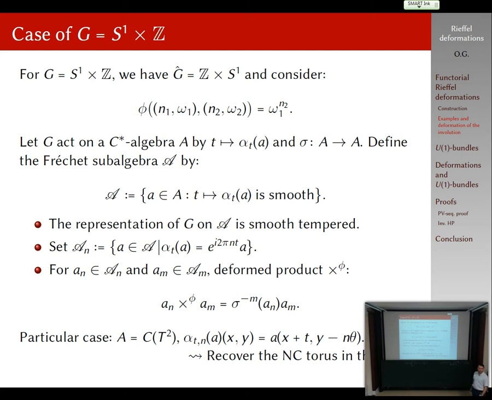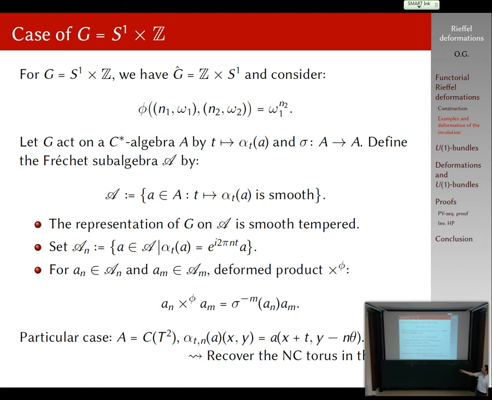All right. So now the case of the group S1 times Z, we have G hat, which is just the same thing reversed. The cocycle you use is this one. You can check that it satisfies all the required properties. And how do we construct explicit examples?